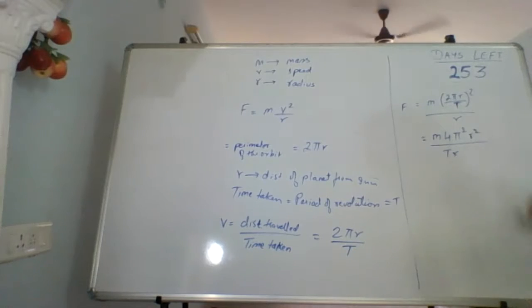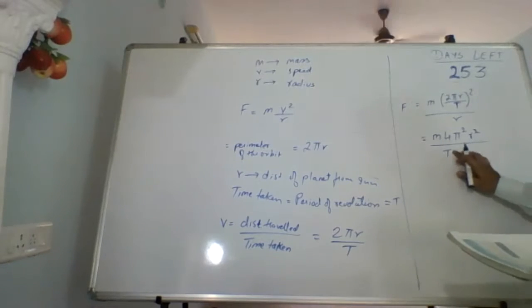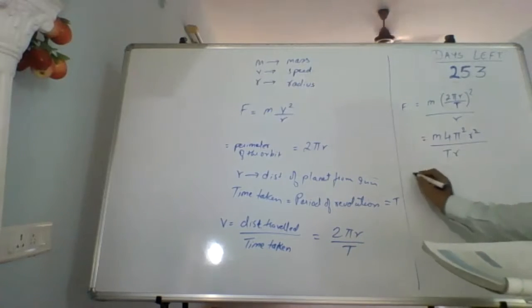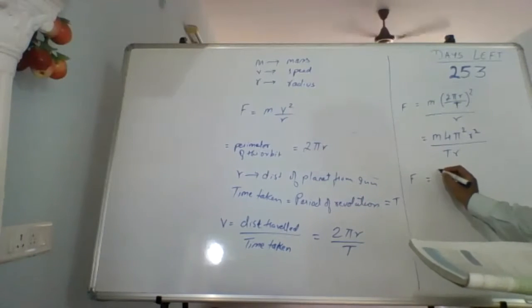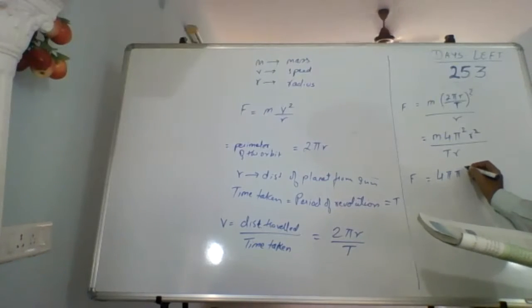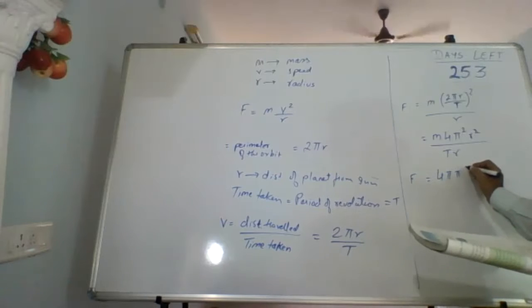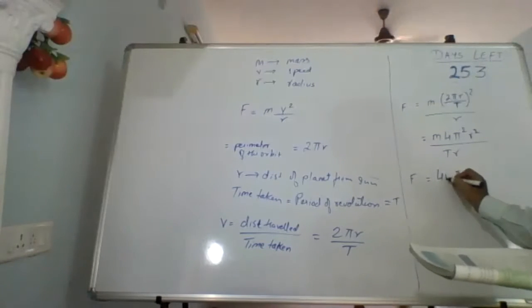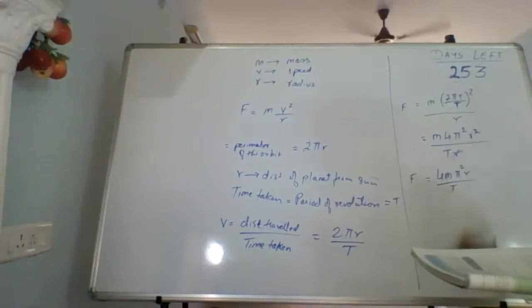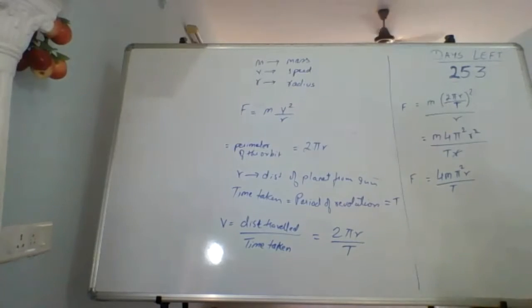This r and this r square will cancel. So you will get F equals 4m pi square r upon T square.